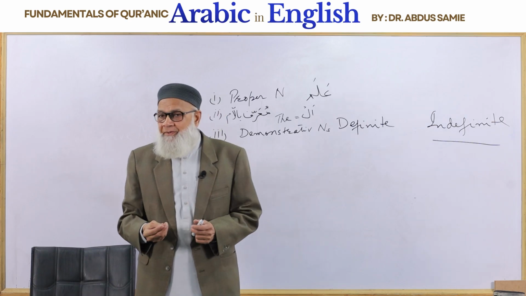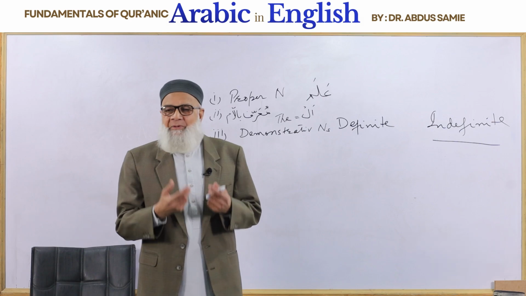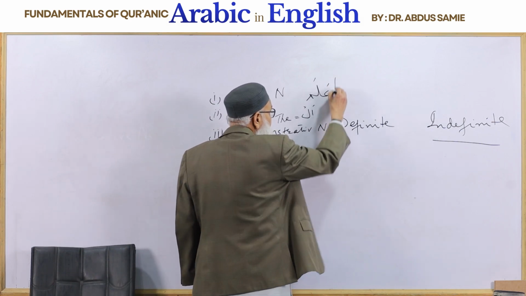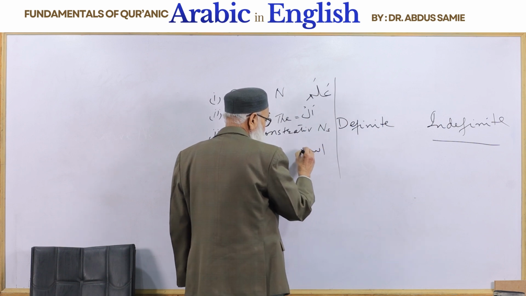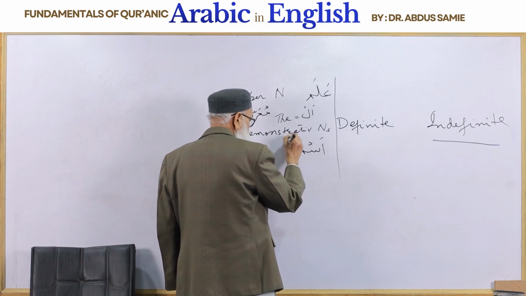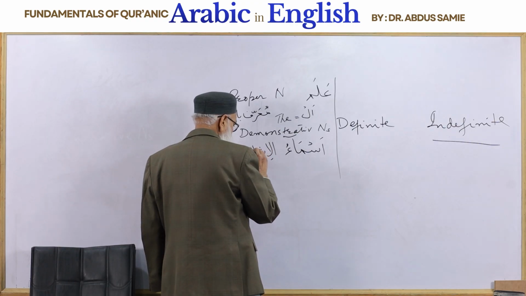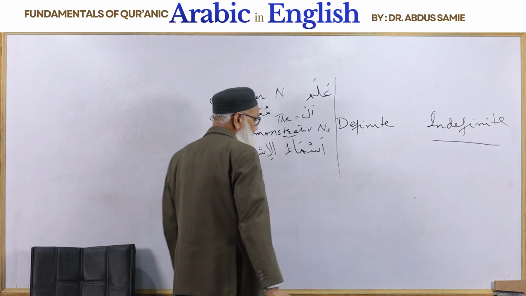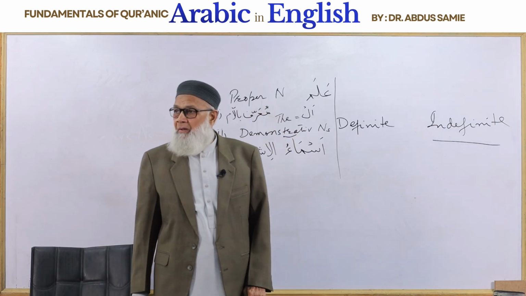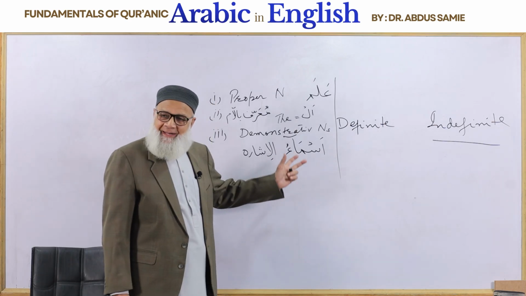So all the words used for this and that would be demonstrative nouns, and in Arabic they are called asmaul ishara. Ishara means pointing. We will separately study all these details.